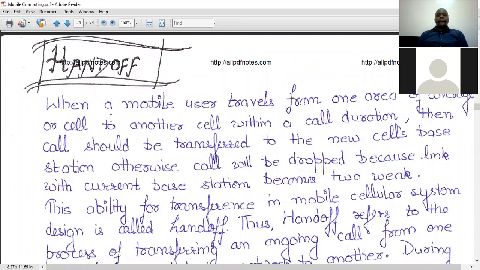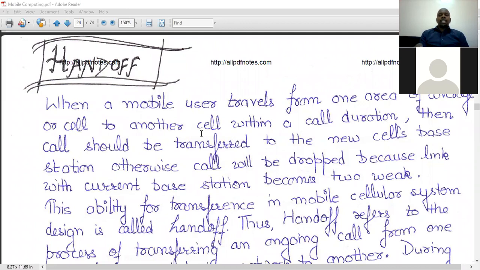And also, most of the time, if you are moving away from one cell to another, remember, every cell uses its own frequency, and those frequencies are in the control of the base station controller of that cell. So if you are physically moving during a call from one cell into another, you are moving from the control of base station controller 1 to the control of base station controller 2.